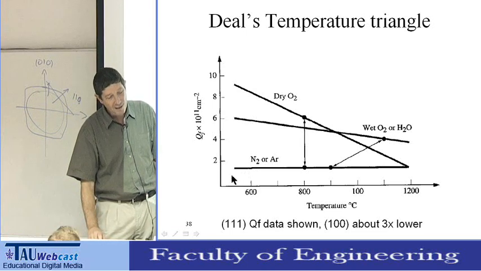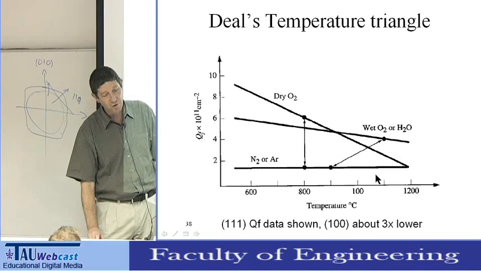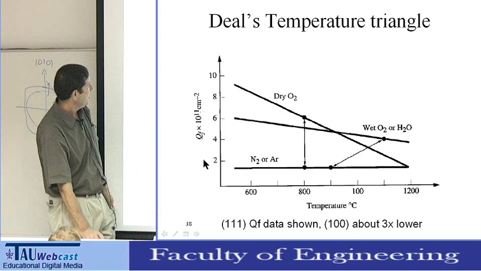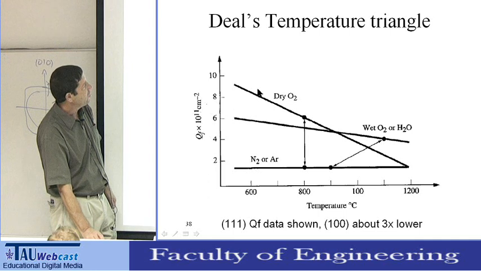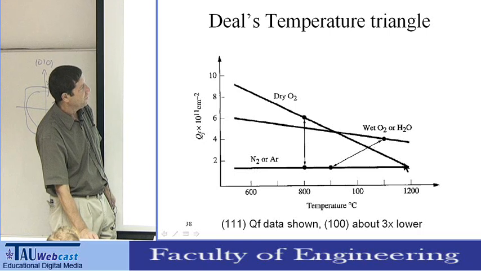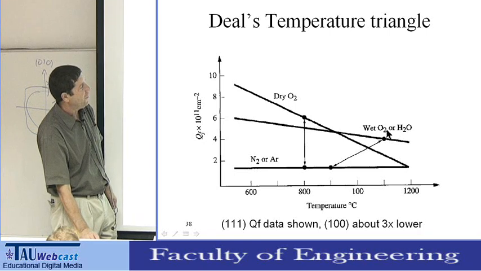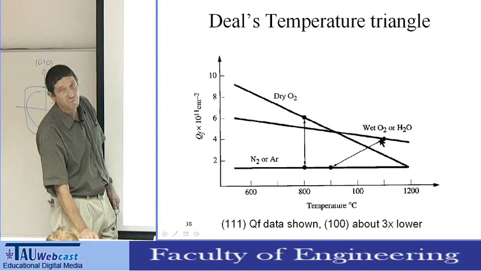If I anneal in nitrogen, then I have a low charge density, a number less than 2 times 10 to the 11. If I anneal in dry oxygen at low temperature, I have a lot of charge. The higher the temperature, the lower the charge. If I oxidize in steam, I have more charge.